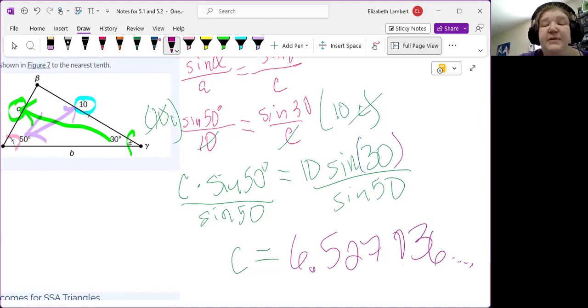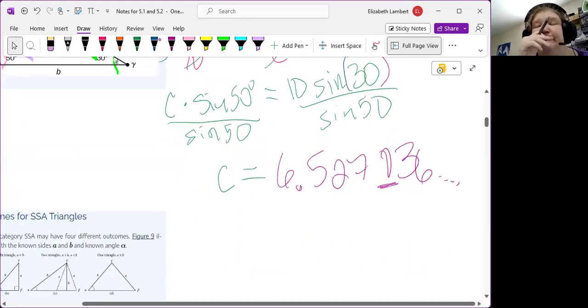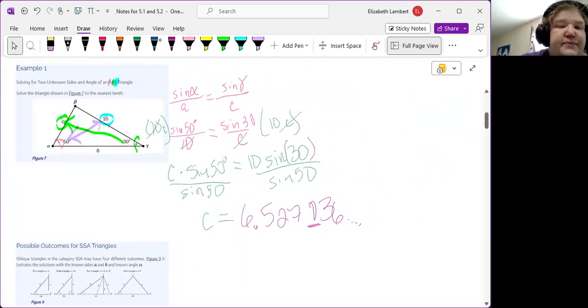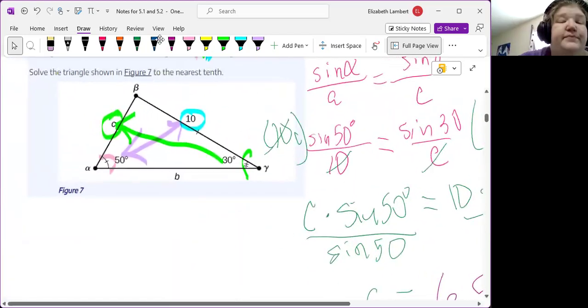So 4 decimal places would be 6.5270. So that is our third side.